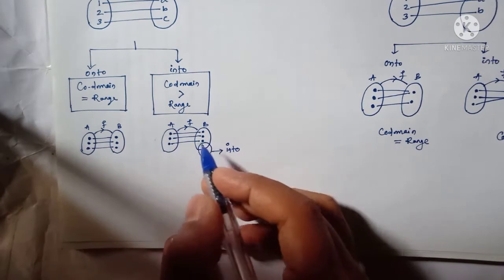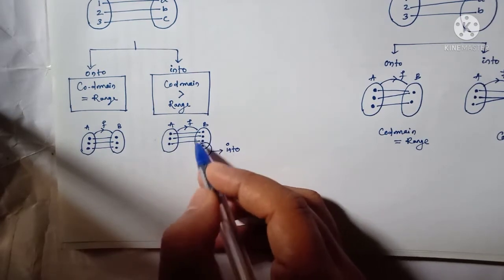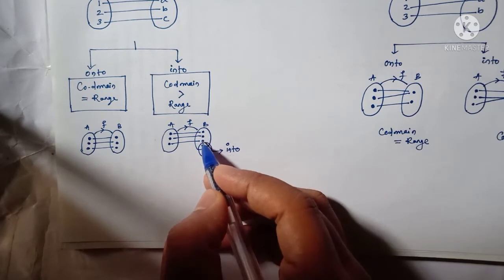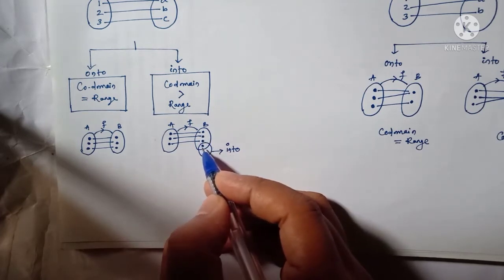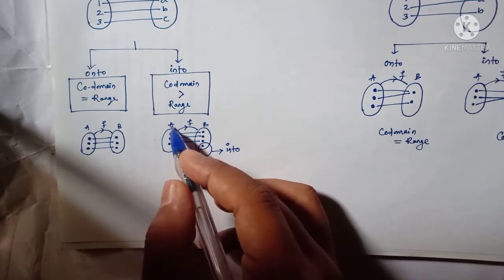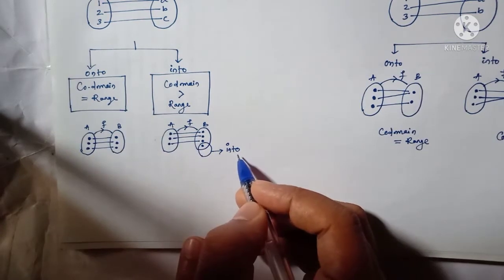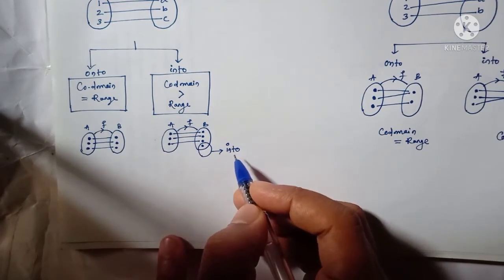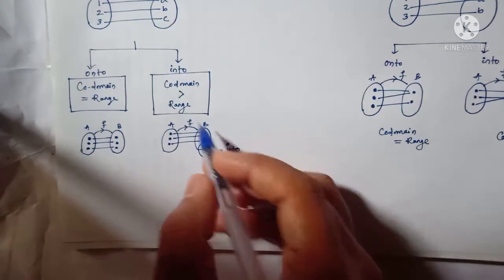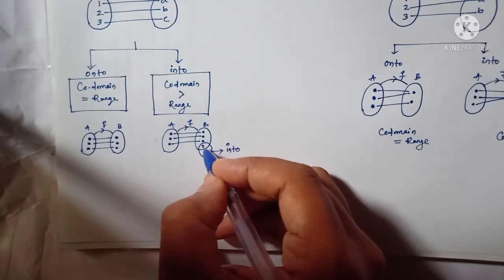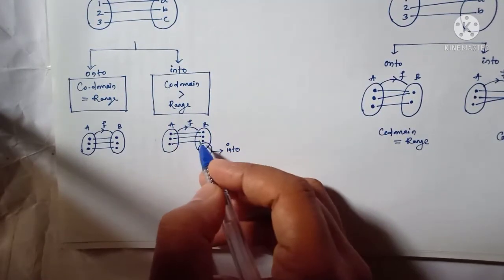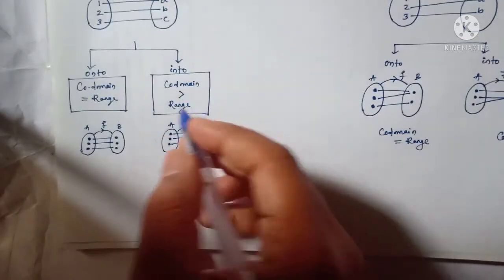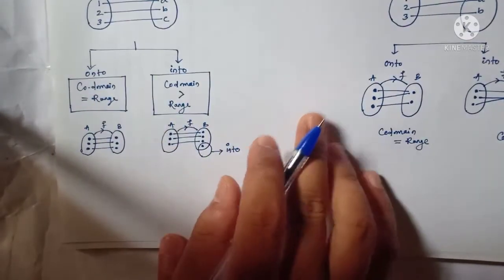So the range is 3, that means 1, 2, 3, and there is one element which is not an image of any member of the set A. So that is called the into function. The codomain has 4 elements and the range has 3 elements, so clearly this function is an into function.